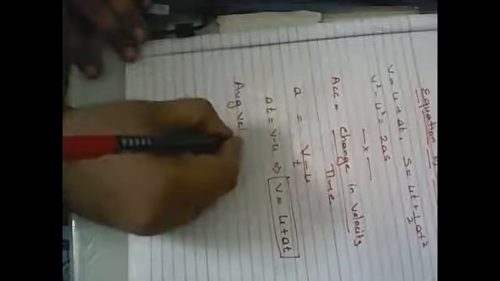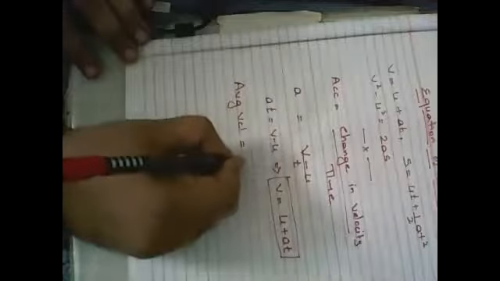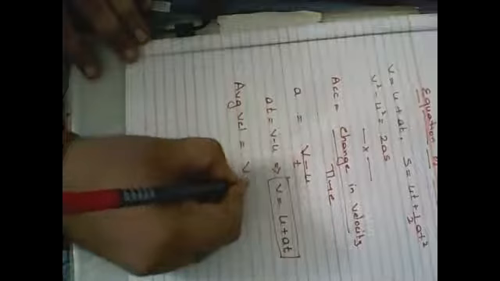Now next one is average velocity, which is V plus U divided by 2. And over here it is displacement by time, S by t is V plus U by 2. Or S is equal to V plus U into t by 2.